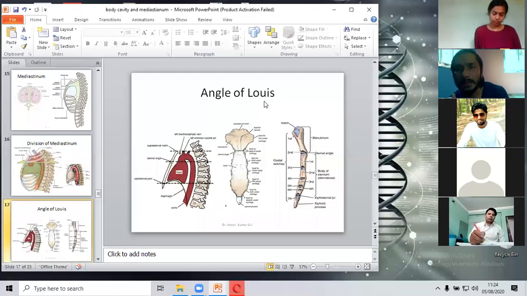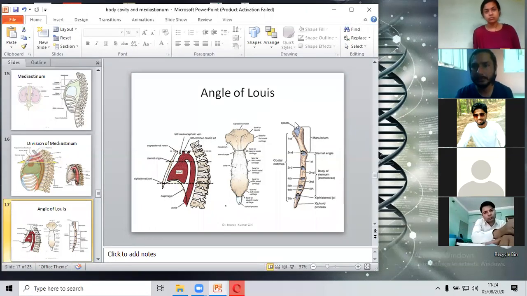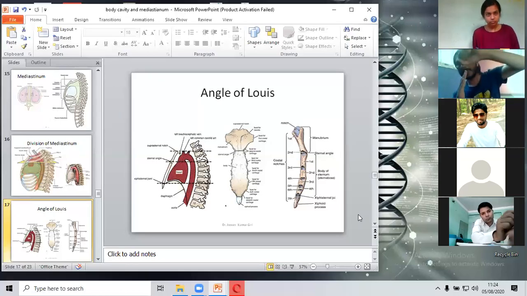That joint forms a certain angle. Are you seeing my hand? Suppose this hand is the body of sternum, and this upper hand is the manubrium.